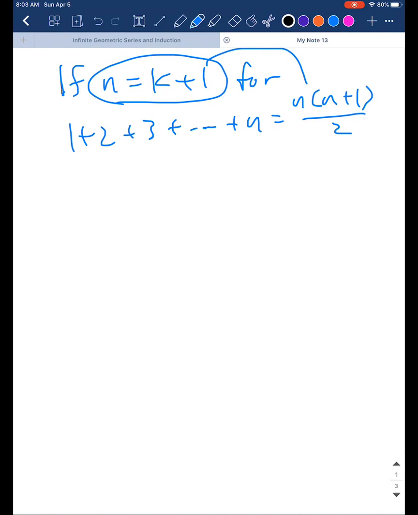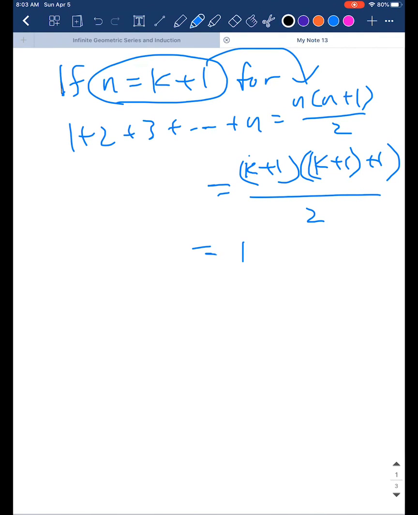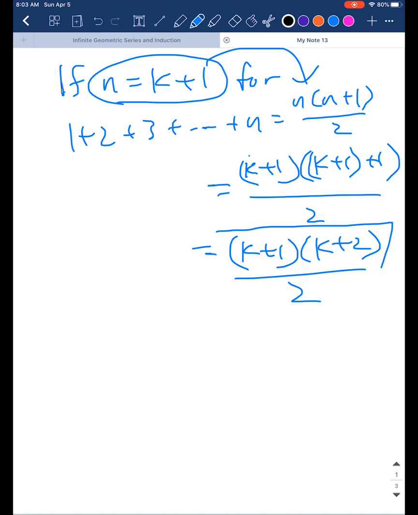If n equals k plus 1, and I substitute it in, what would it look like? All right, so the first n becomes k plus 1. The second part becomes k plus 1 plus 1. So I should get k plus 1 times k plus 2 over 2.